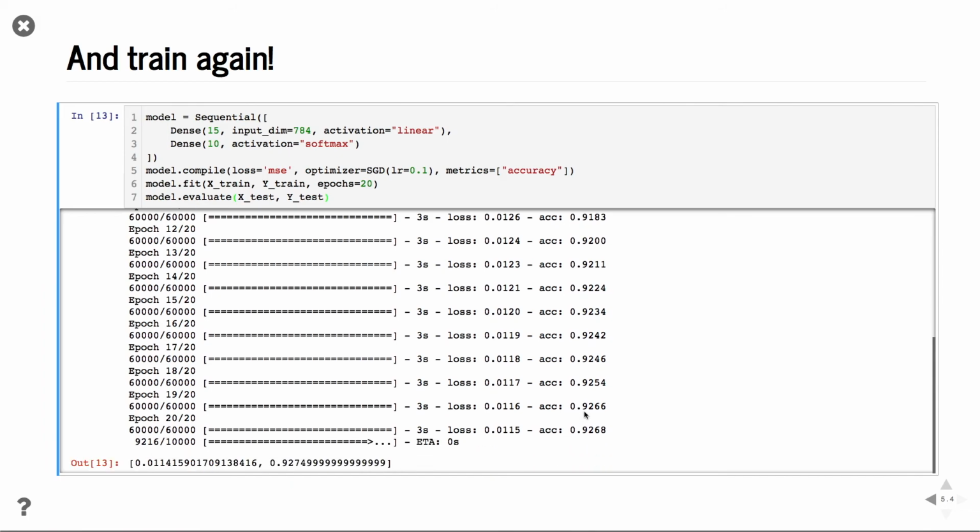Okay, so our final error on our testing data is something like this. It's not easy to interpret this value, so what does it mean? But the accuracy is around 93%. So our model is able to correctly classify 93% of the images it has never seen before.